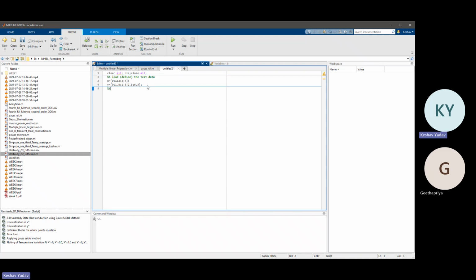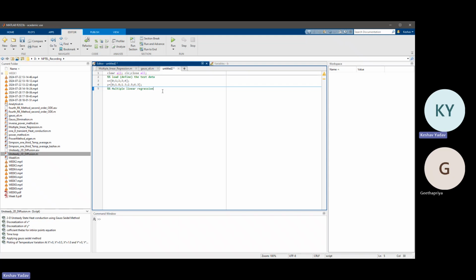Now what I will do? I will do the multiple linear regression.